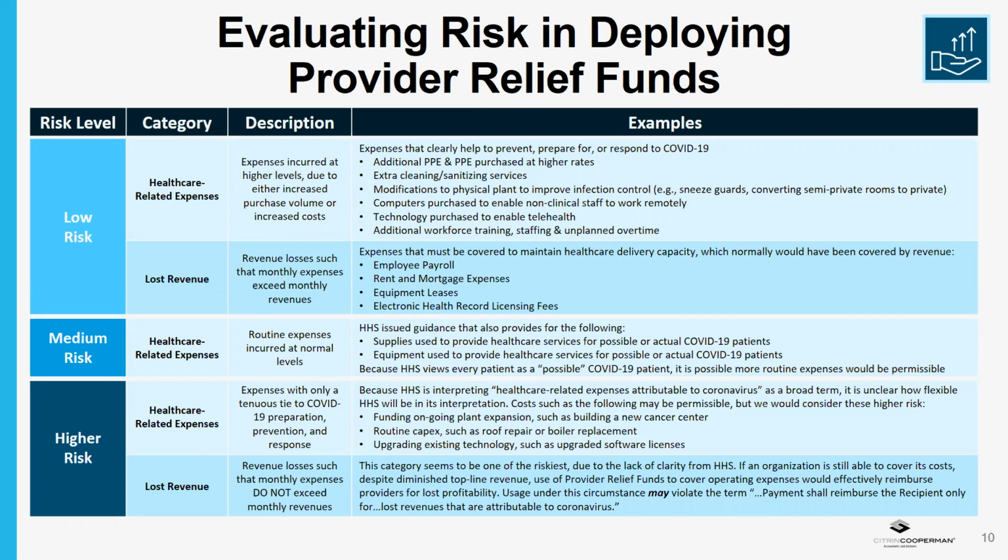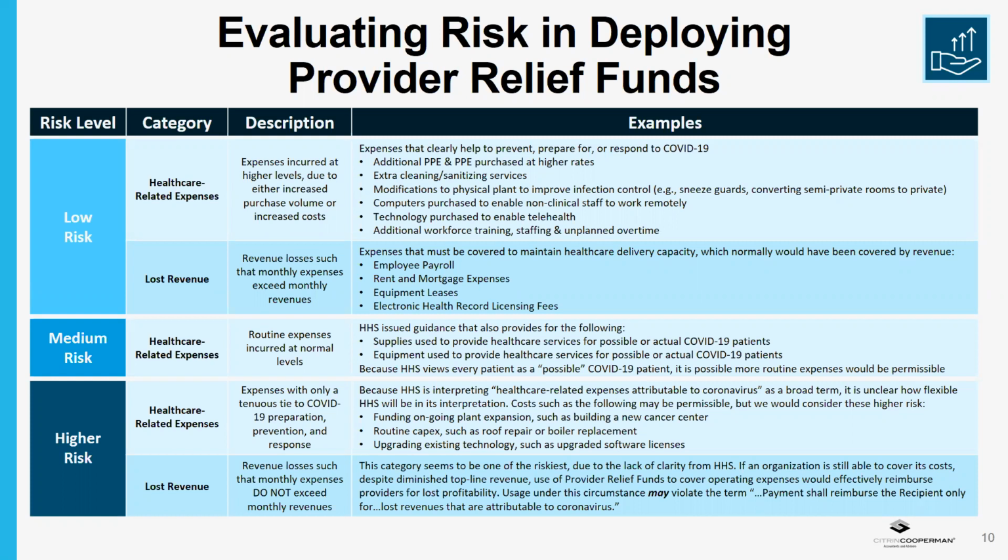And even for the items that are higher risk, we want to note that it's not 100% clear from the guidance that's been given. These are not necessarily inappropriate uses, but we believe that they're much higher risk.